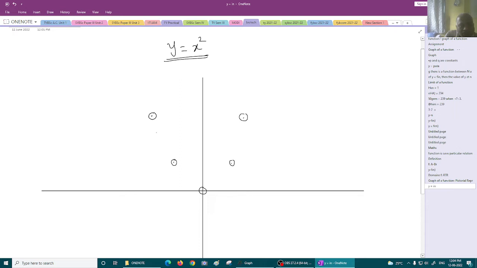And then in between, say put x equal to 1.5, and so on. I am trying to give you a rough idea, and these points will tell you that the graph of this is somewhat like this.